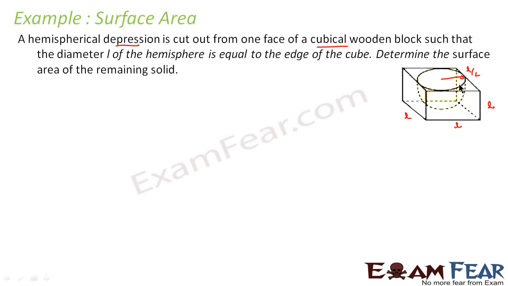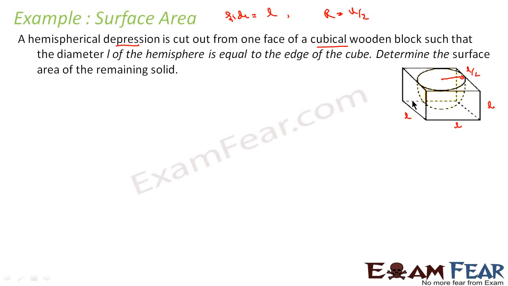So the side is L for the cube and the radius for the hemisphere is L by 2. That is what the question says. There is a cubical block, side L, L, L. From this, a hemispherical depression is cut where the diameter is L, so the radius is L by 2. We have to find the surface area of the remaining solid.